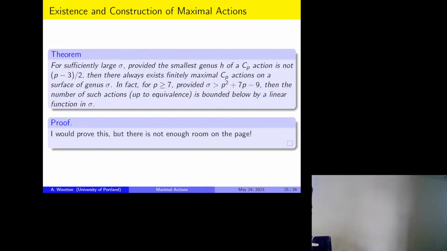About lunch: you can go wherever you want, but there is at least one organized option. If you want to join, you are more than welcome, but you are free not to. We have a reservation there, but they know not everybody is coming, so there's no problem. Second thing, there's a room here called the Blue Room, the first door here, which is also in use for this meeting.